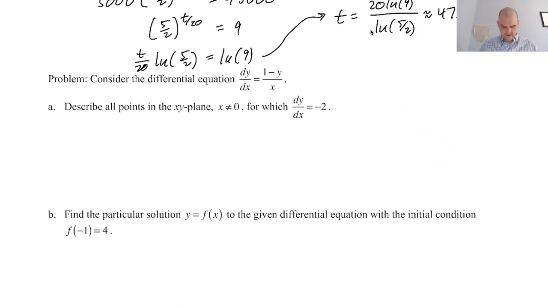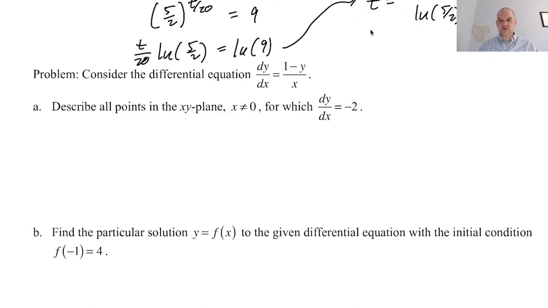So this is the second problem on page 7. And we have a differential equation, dy/dx equals 1 minus y over x. And we want to describe all points in the plane where x does not equal 0, for which dy/dx equals -2. This problem is kind of as simple as it seems.